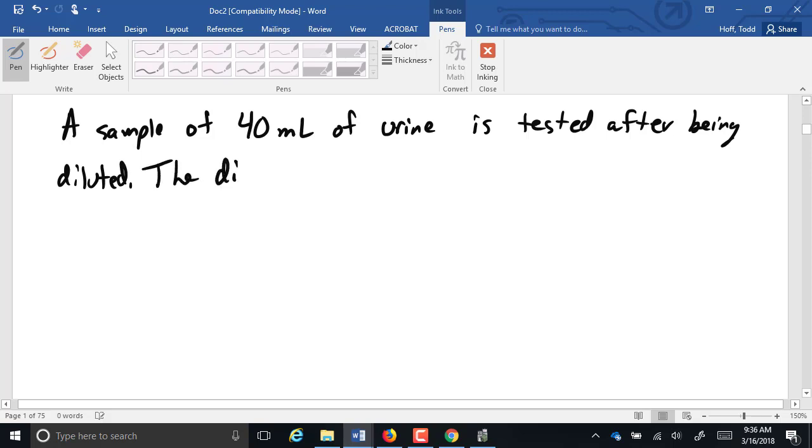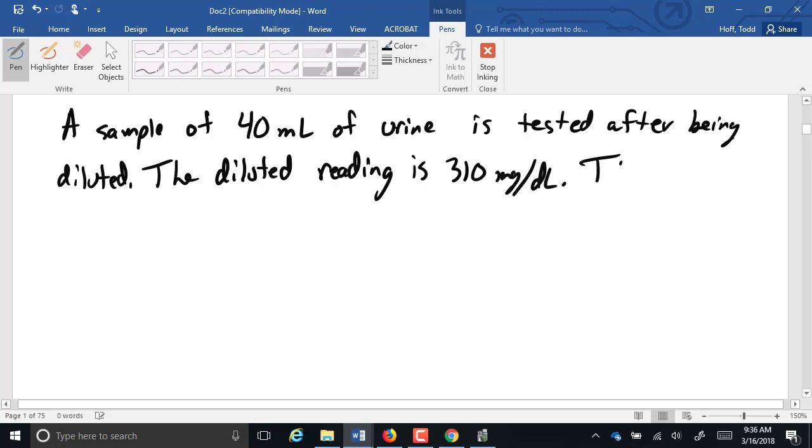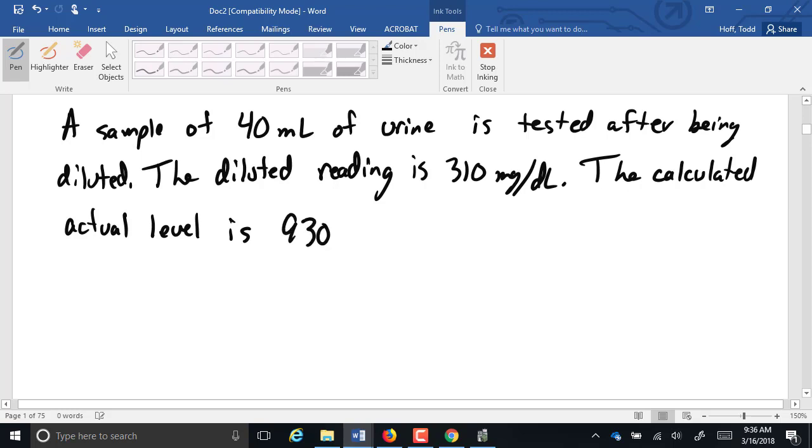The diluted reading is 310 milligrams per deciliter. The calculated actual level is 930 milligrams per deciliter.